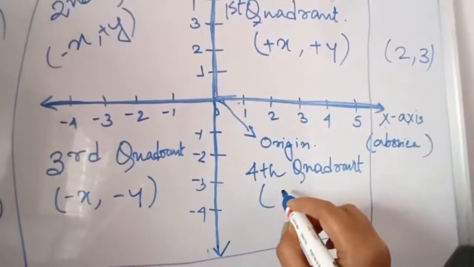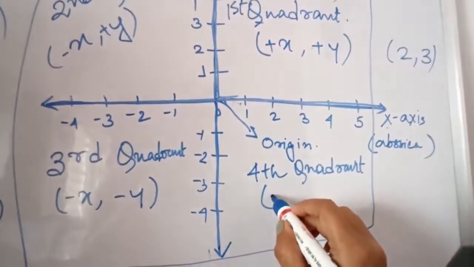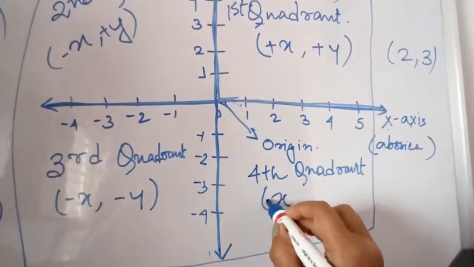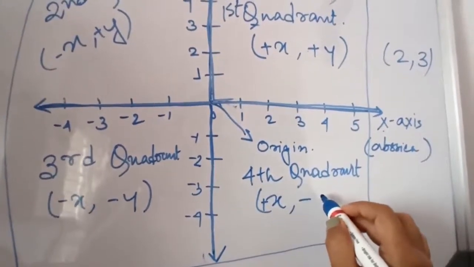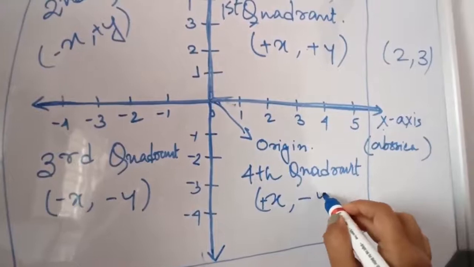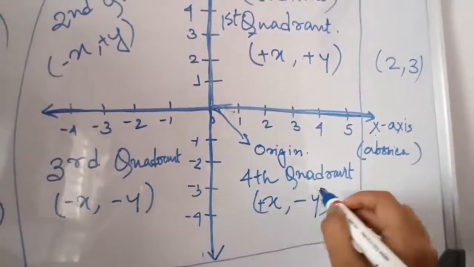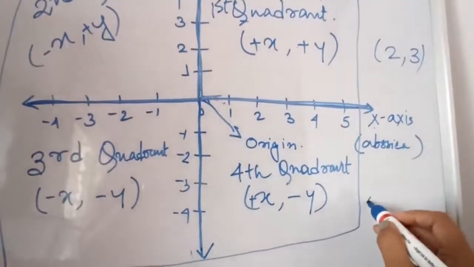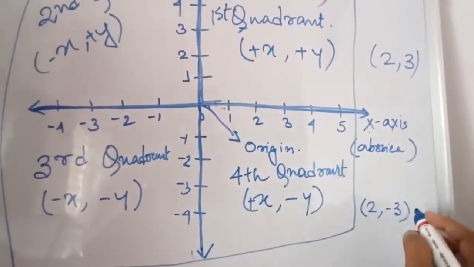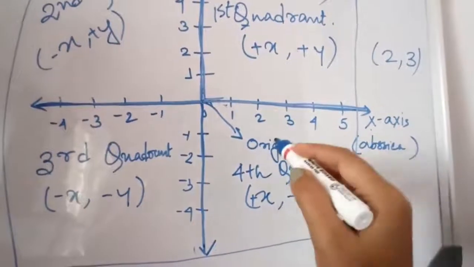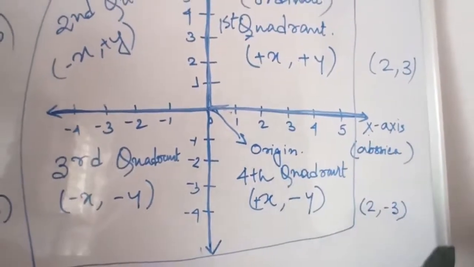So if I have a point like 2, -3, I'll always understand that it will fall in this block.